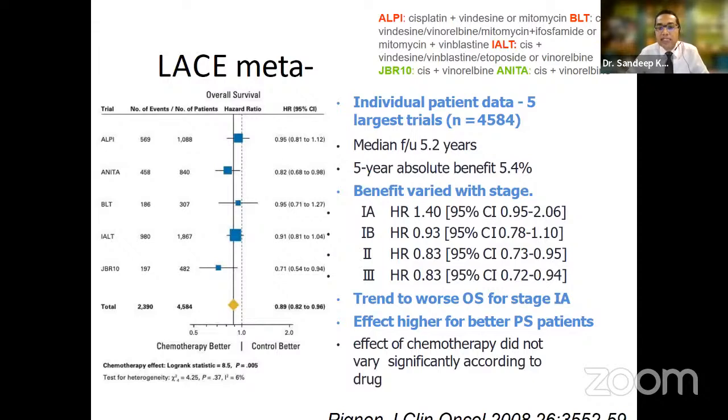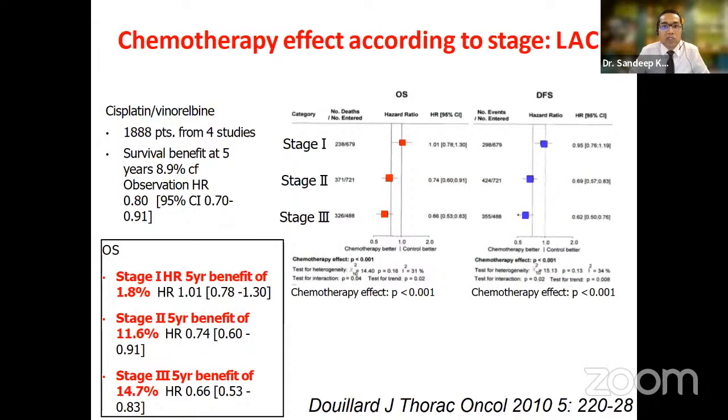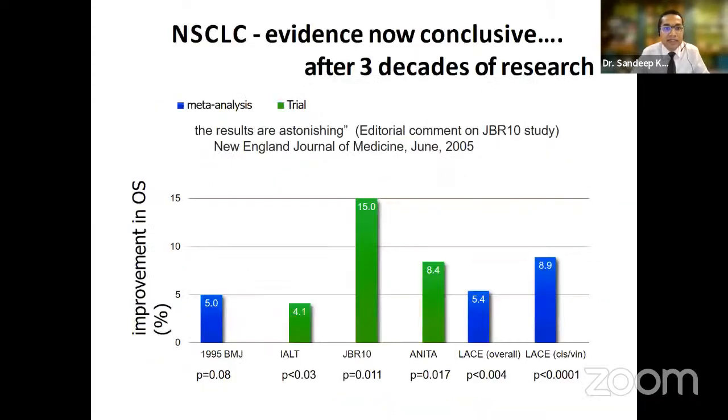And the benefit was seen in stage 2 and stage 3. And this learning has been there for almost 2 decades. So chemotherapy effect has been there with different stages, and in stage 1 the 5-year benefit is approximately 2%. Stage 2, the 5-year benefit is approximately 11%. And the maximum benefit with stage 3 is 14.7%.